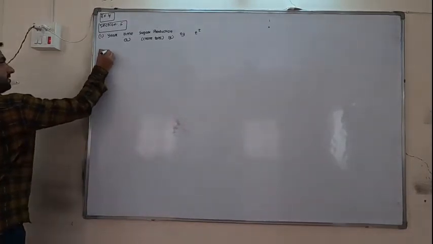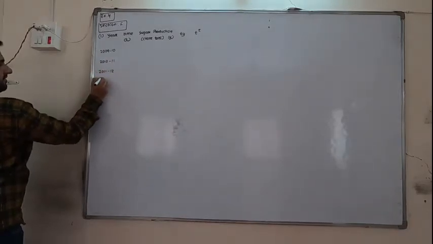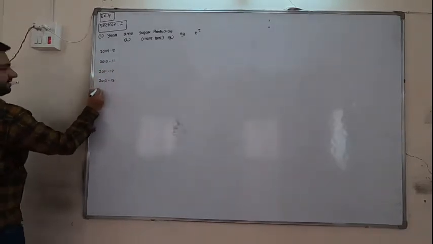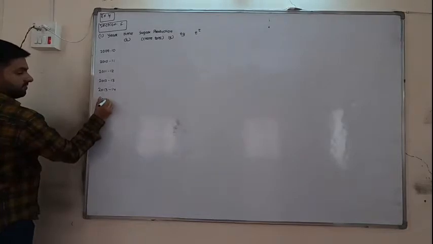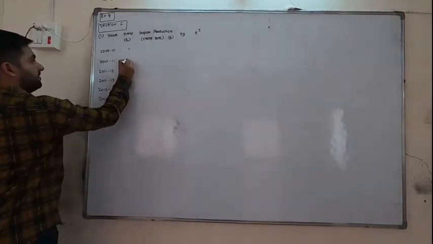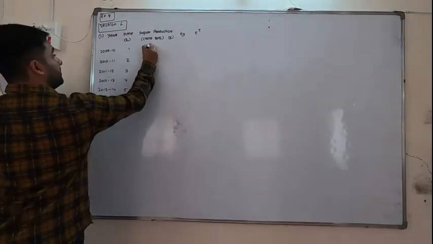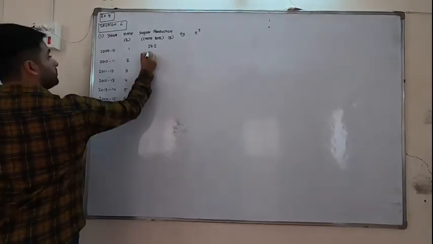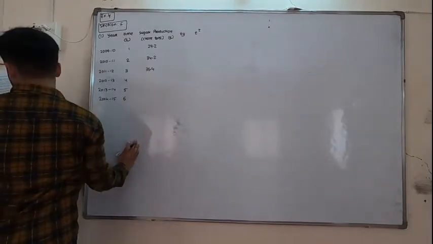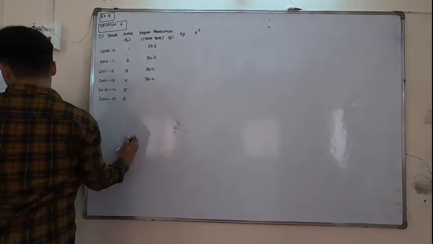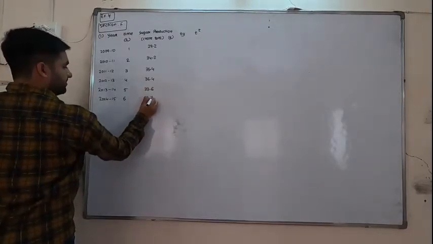The years are 9-10, 10-11, 11-12, 12-13, 13-14, 14-15. t is 1, 2, 3, 4, 5, 6. Production is 29.2, 34.2, 35.4, 36.4, 33.6, 37.7.